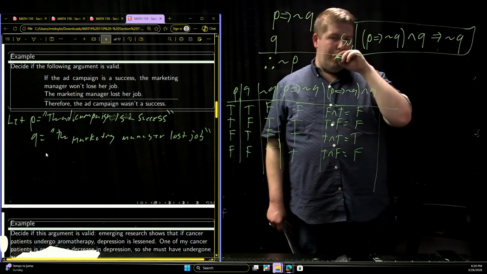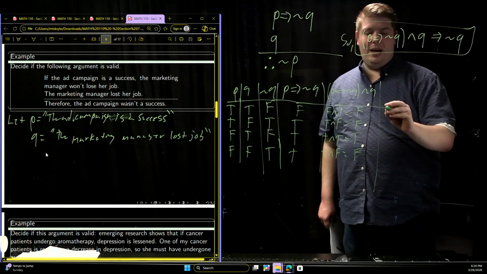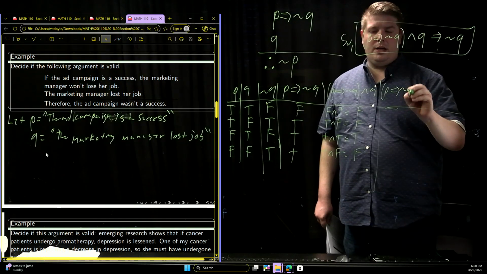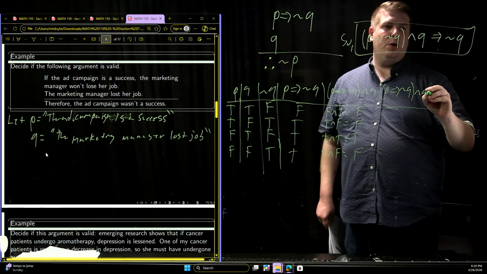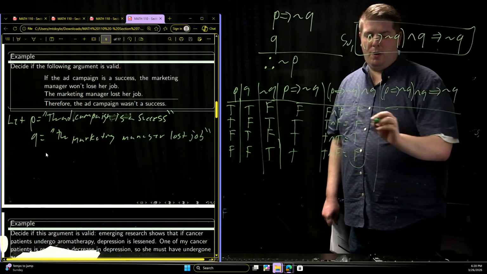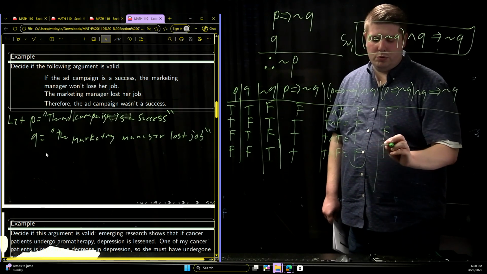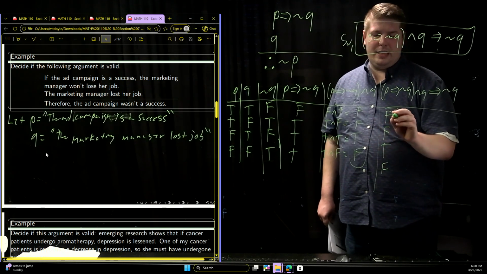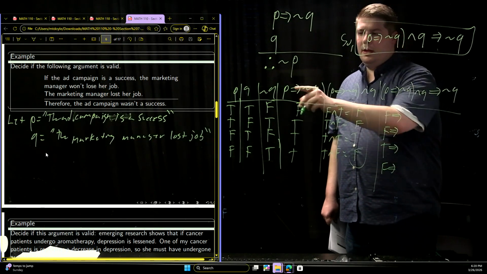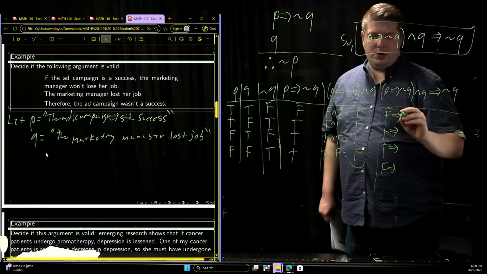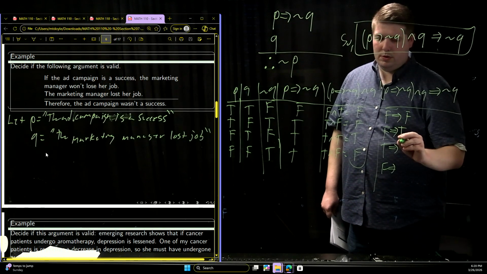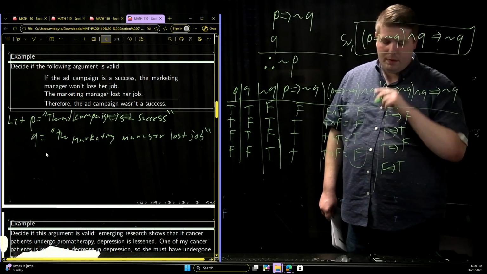Okay? Now we're saying that this big one, P implies not Q and Q, implies not P. So we have this false, false, true, false, and we're saying that that implies my not P. So false implies false, false implies true, true implies false, false implies true.